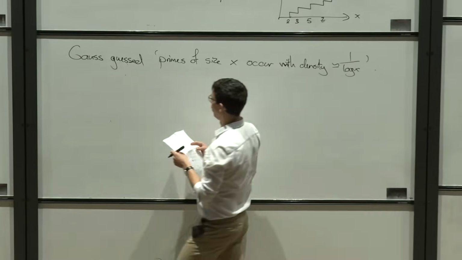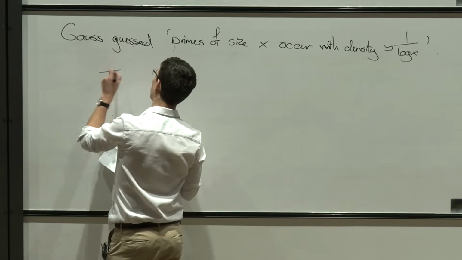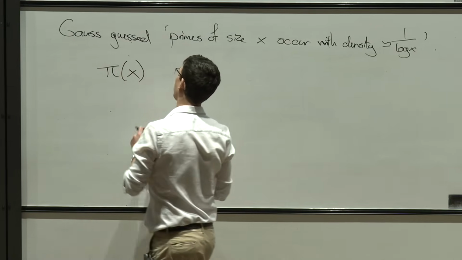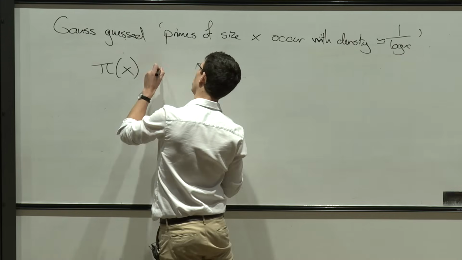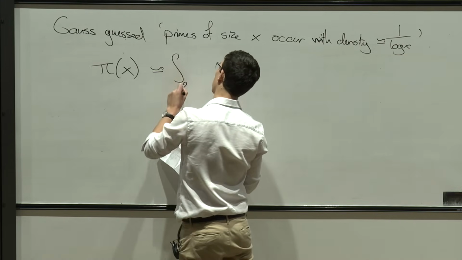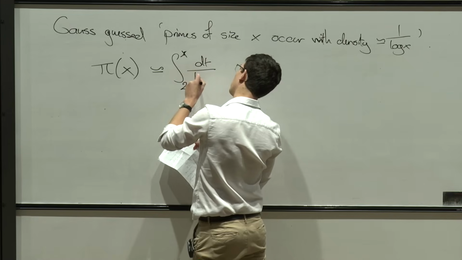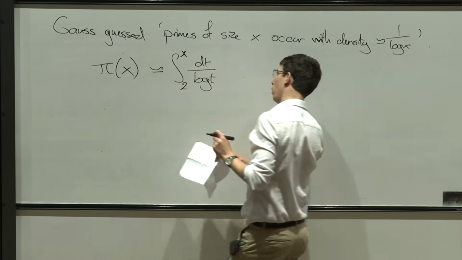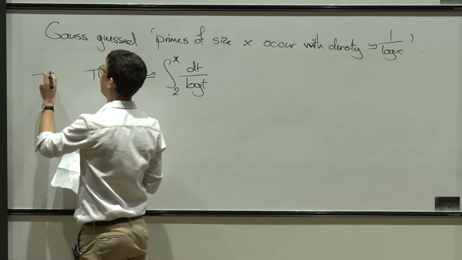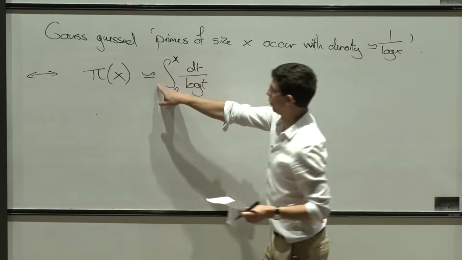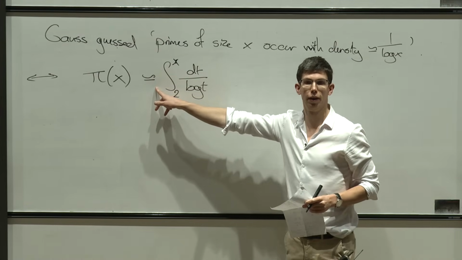And so one way to make this a little bit more precise would be to reinterpret Gauss's guess that the count of primes up to x should roughly look like the integral of this density 1 over log. So here I've written approximately equals.